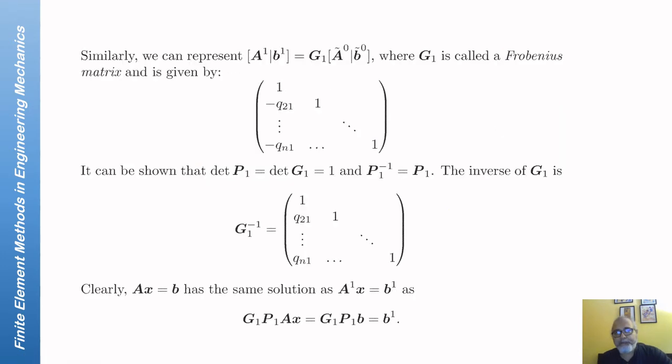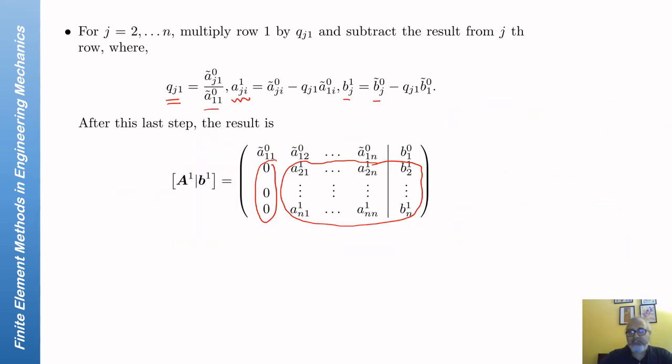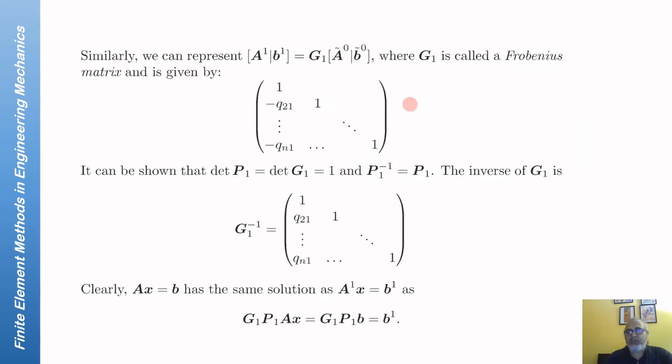Similarly, when you do this elimination step here, you can express that in terms of a matrix which is called a Frobenius matrix, G1, and G1 has a form like this. So this G1 has ones along the diagonal, and you are trying to eliminate the first column, the first variable.